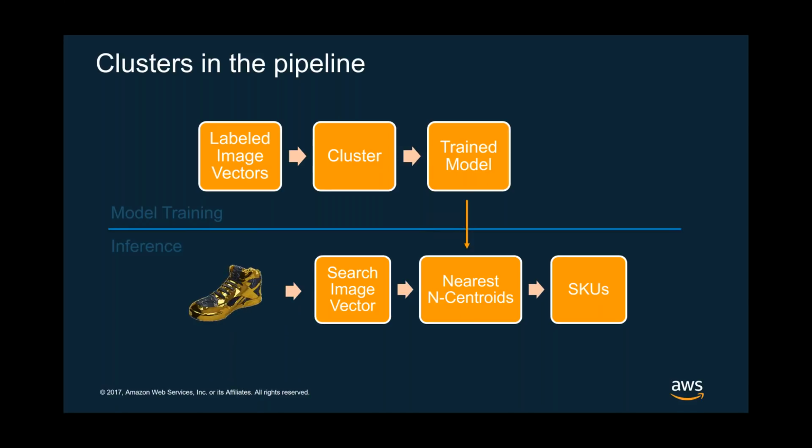Your data is in the form of labeled image vectors. In that case, you're really examining the data and creating a clustered model that then becomes a trained model. So in my analogy to a compiler, your trained model is the output, like that executable code, say.